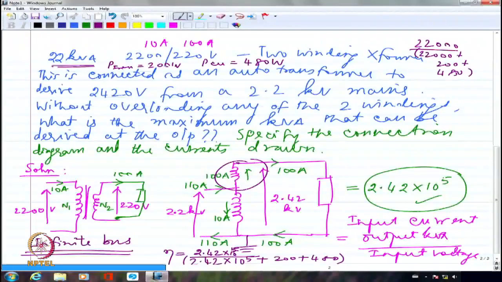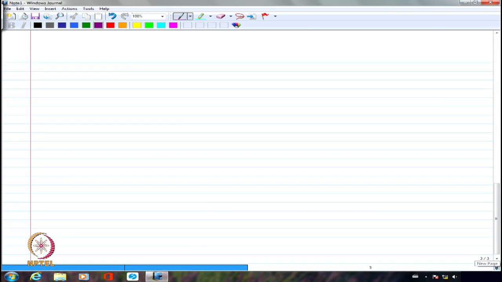It will be very, very difficult for you to make the transformer withstand the summation of both the voltages. That will not be possible.